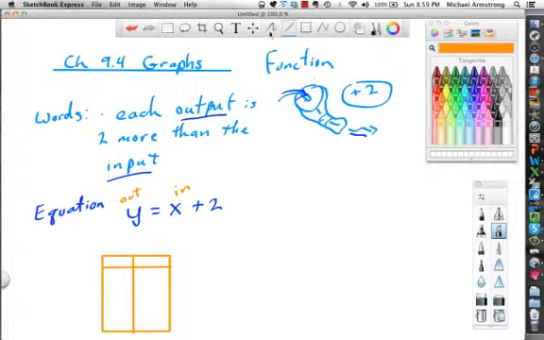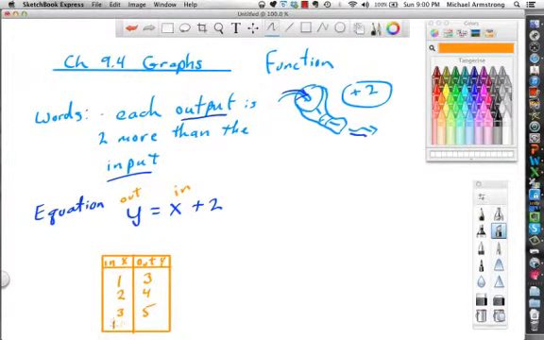In this chart we have an in, which is the x, and an out, which is the y. And we just start using numbers, like 1 plus 2 is 3. That's what the y is. 2 plus 2 is 4, and 3 plus 2 is 5.